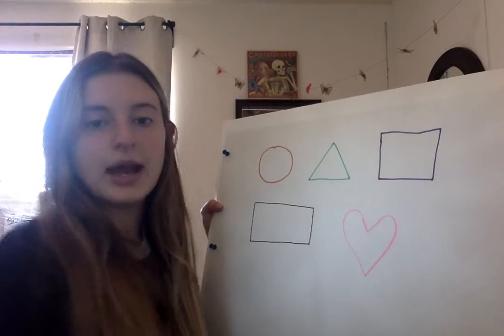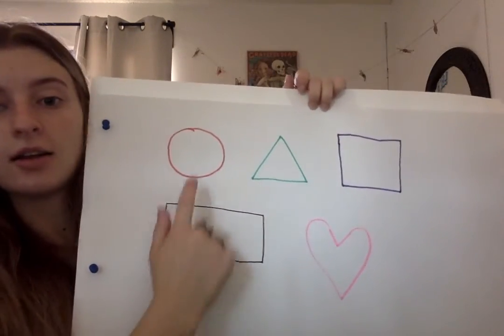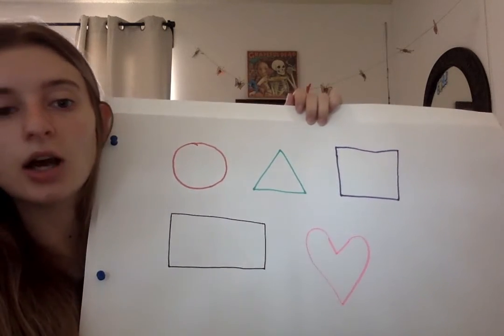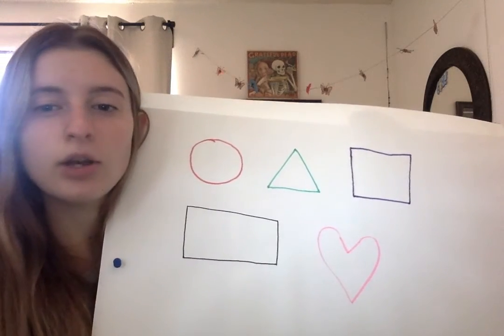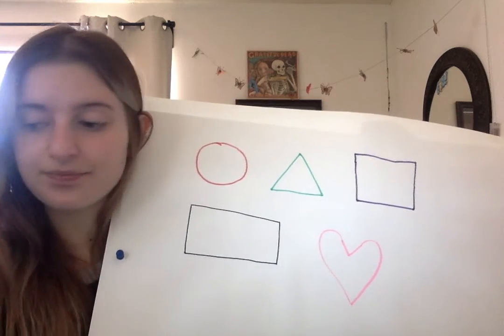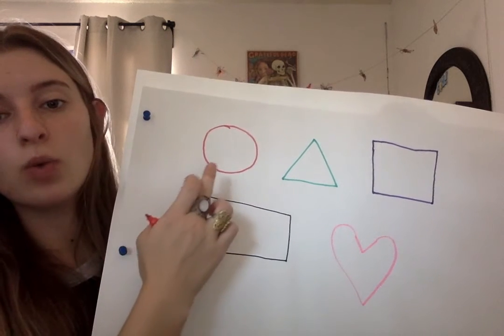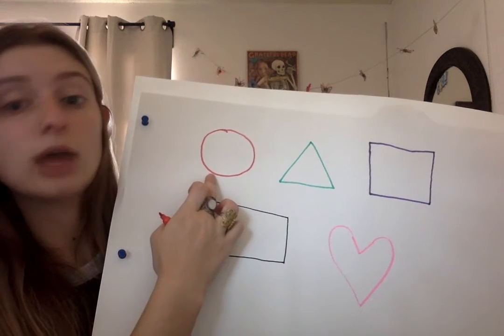Okay, so now I'm going to say a color, because each shape I drew in a different color. So I'm going to say a color, and then I want you to tell me which shape that color is. So, can anyone raise their hand and tell me what shape this red color is?